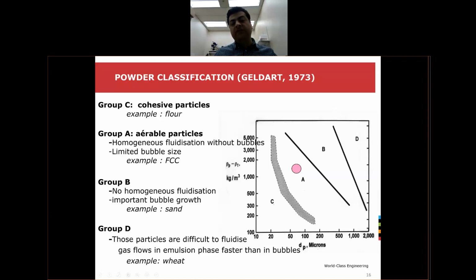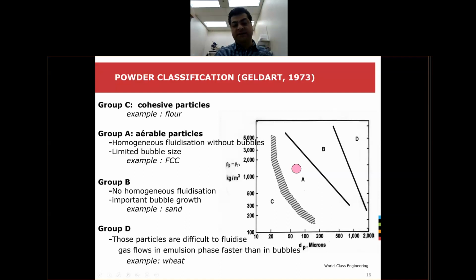But if you want to understand how they are classified, it's really based on density of the particles minus density of the fluid. In a gas solid system the fluid is a gas, so it's based on the density of the phases and average particle size of the particles in the bed.